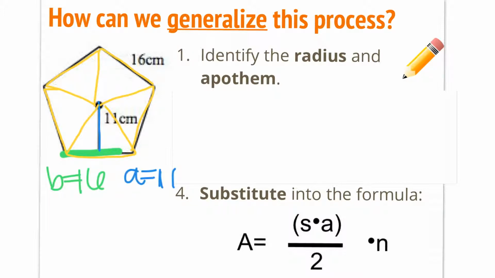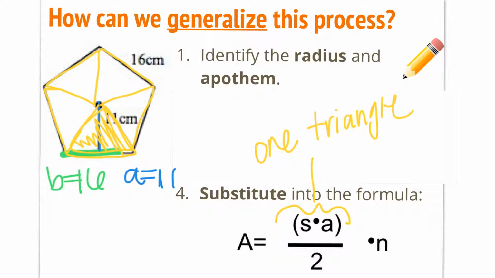The area of the entire thing is side times a divided by 2, which will find you one triangle, times, here's the most important part, times n.